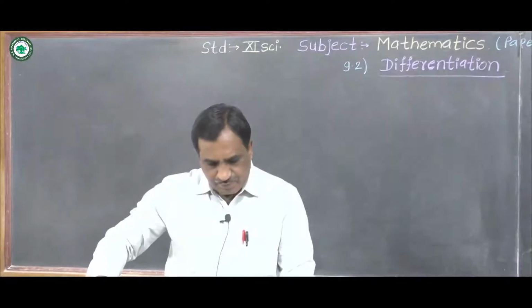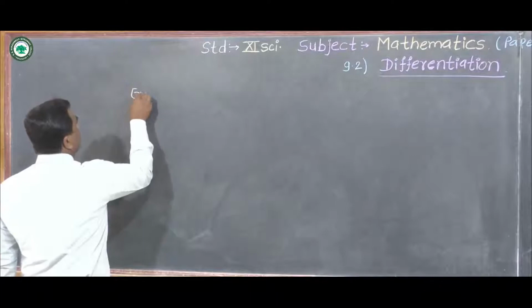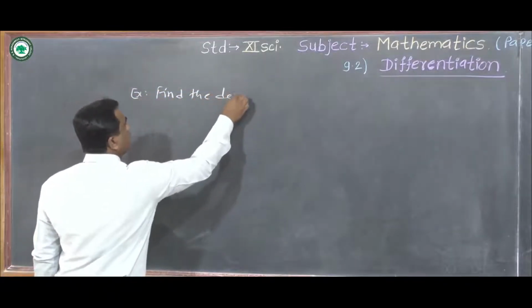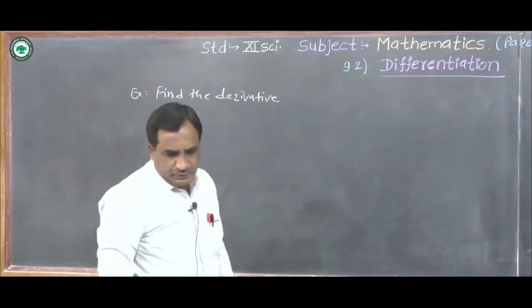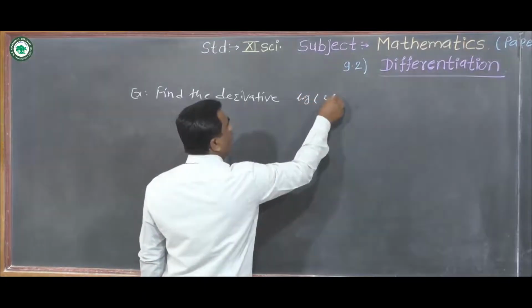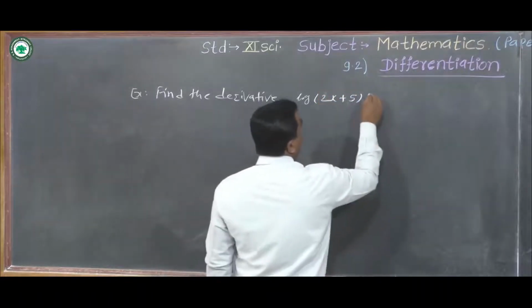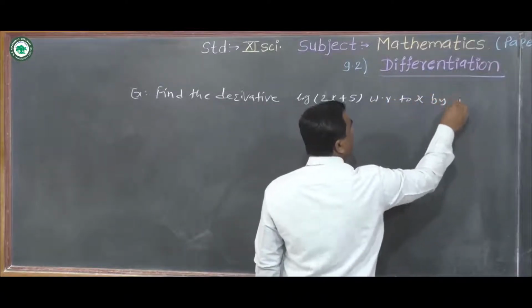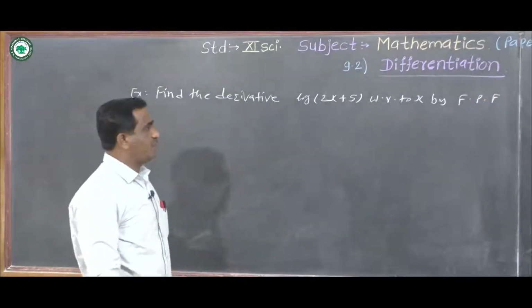Now next example: find the derivative of the function log of 2x plus 5 with respect to x by using the first principle formula.